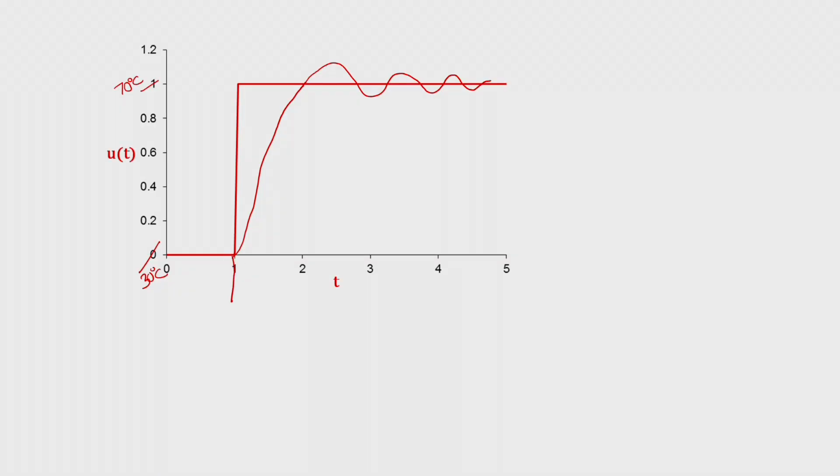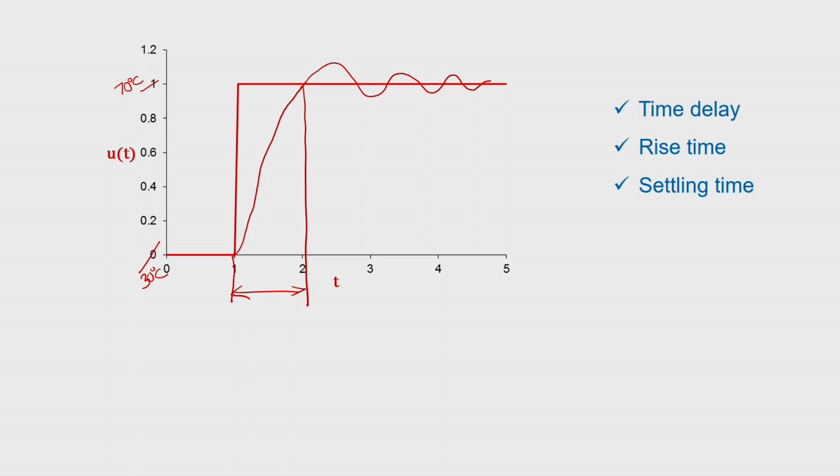Now the time the instrument requires to reach from its initial position to the point when it attains the output value is known as settling time. We are seeing there is a significant amount of time delay between imposing the input signal, this is the point where the input signal is imposed, and finally getting the output signal, maybe somewhere here.